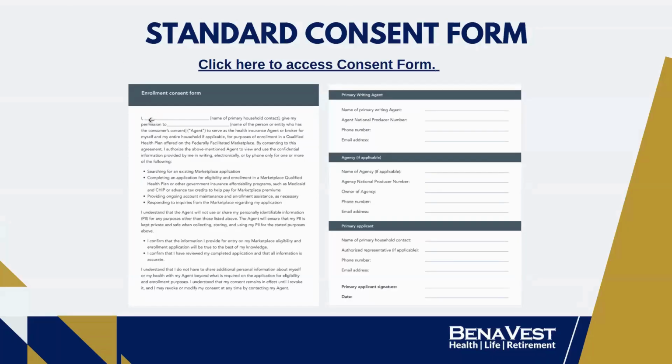Essentially, it's I, David Yort, give my permission to whoever the agent is to serve as the health insurance agent or broker for myself and my entire household if applicable, and so forth. It goes over searching for an existing marketplace plan, completing the application, providing ongoing account maintenance, and responding to inquiries from the marketplace regarding the application.